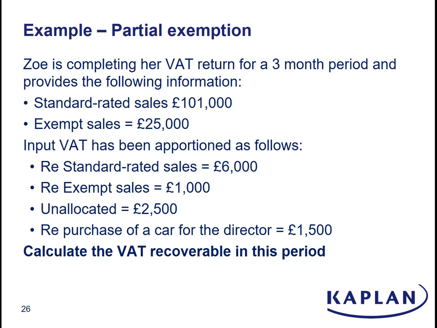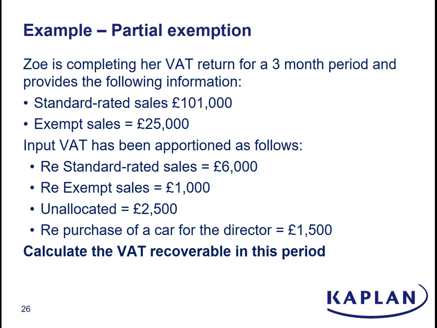Easiest to show by means of a simple example. We have our VAT registered taxpayer Zoe, who is doing a standard quarterly VAT return. Most of her sales are standard rated, but some of her sales are exempt. She's had a look at her costs, and she can identify that some of her costs are directly attributable to her standard rated sales, and the VAT on those costs is £6,000.